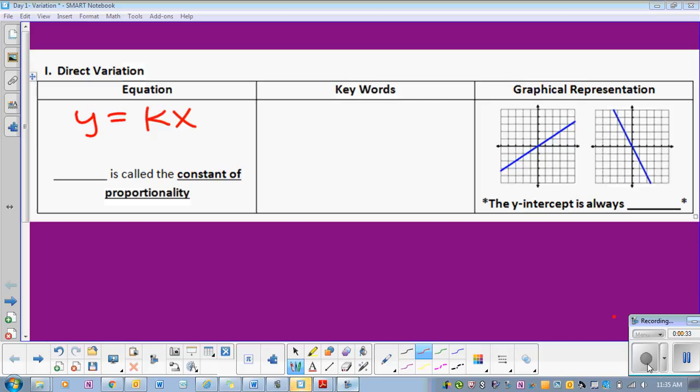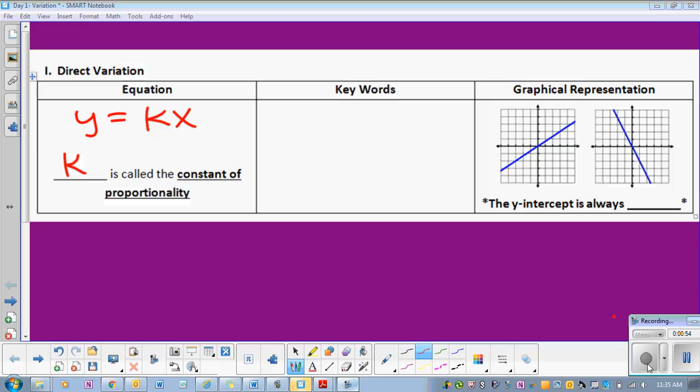All right. What's important here is your constant of proportionality, and that is your k. Okay? K for constant. So your k is your constant. So here are some key words.